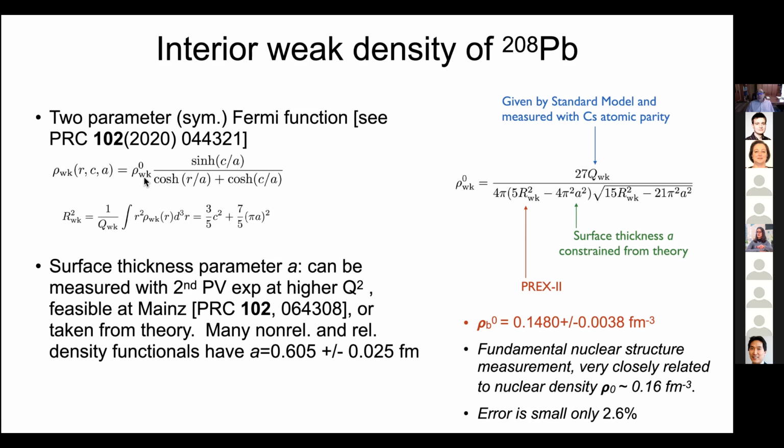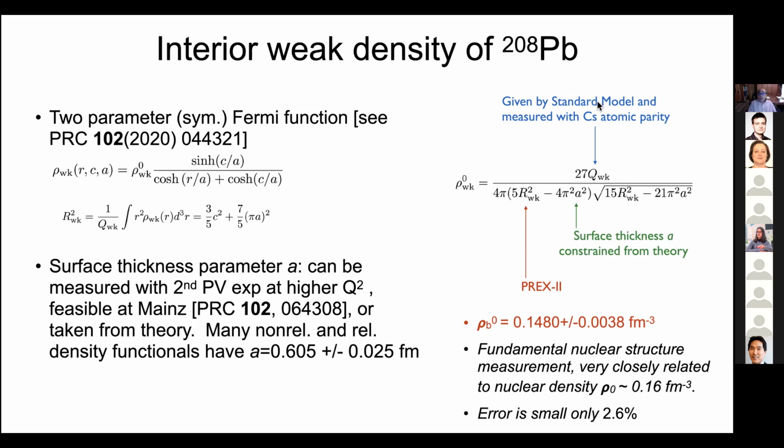What's crucial is the normalization of a Fermi function that has a surface thickness parameter a and a radius parameter c. This normalization, the interior weak charge density, depends on the total weak charge of lead that's given by the standard model.